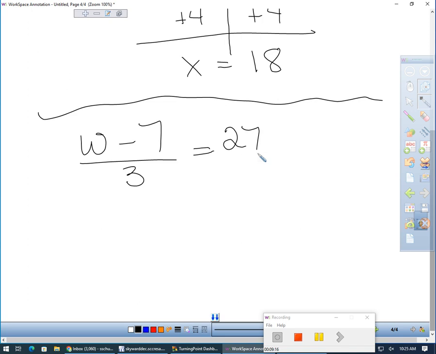What's the first thing I'm going to do? Group it together. Awesome. What's the next thing I'm going to do? Clear the fraction. I'm going to times both sides by 3. On the left, what happens to my 3's? Yes, they cancel. So on the left, I have w minus 7. On the right, I have 3 times 27.